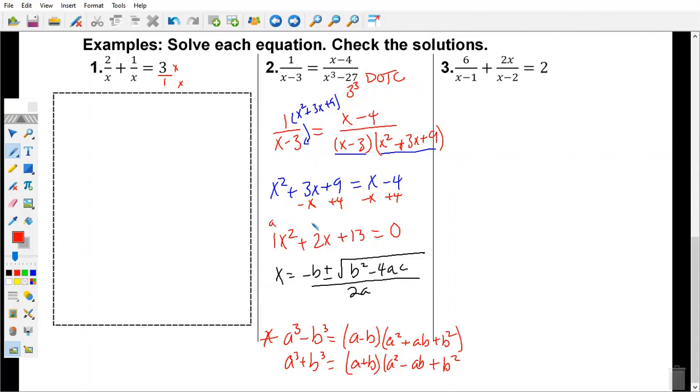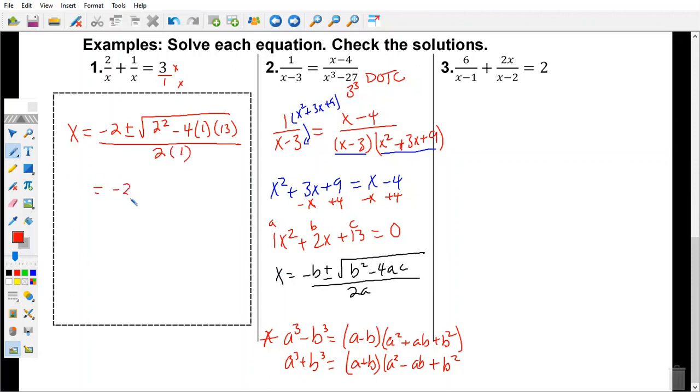So A, your B, and your C. So when you're plugging into the quadratic, we end up with x equals negative 2 plus or minus the square root of 2 squared minus 4AC divided by 2A.